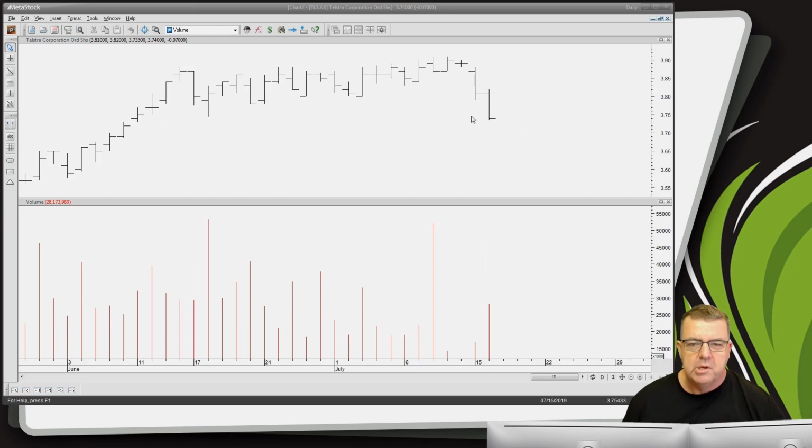What you're going to see, of course, is on some days the low and the open are exactly the same, or perhaps the open and the high are the same, and you're going to see days like this where the open and the high and the close are the same. So you're going to see T's like this, where of course it opened at the high of the day.